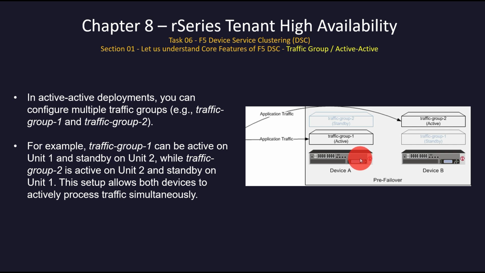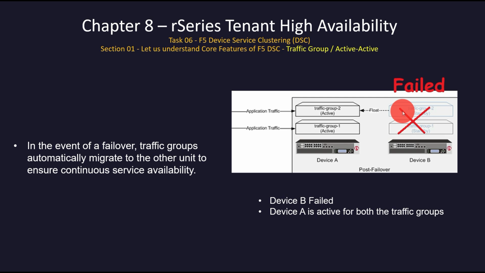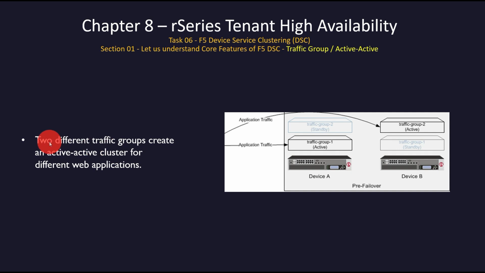This setup allows both devices to actively process traffic simultaneously for different applications. In the event of failover, traffic groups automatically migrate to the other unit to ensure continuous service availability. Just to summarize, using two different traffic groups, you can configure an active-active cluster.